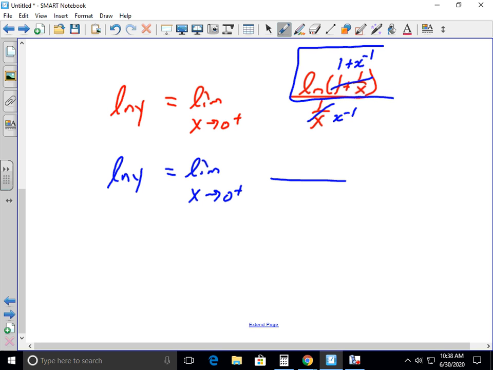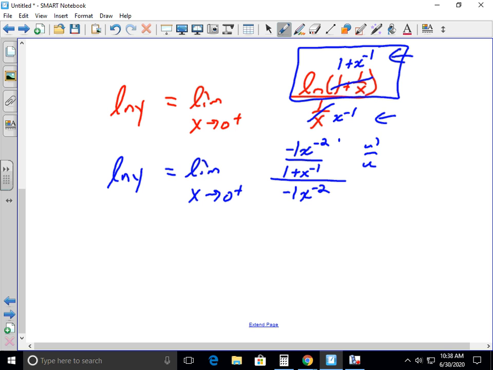Well, when we take the derivative of that, we would have 1 plus x to the negative 1 on bottom, the derivative of 1 plus x to the negative 1 on top. So if we take the derivative of what's inside, we would get negative 1 x to the 1 less power. That's just u prime over u. So that's the derivative of natural log. When we take the derivative of the bottom, we get negative 1 x to the 1 less power.